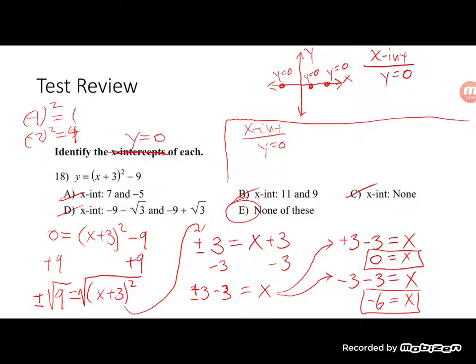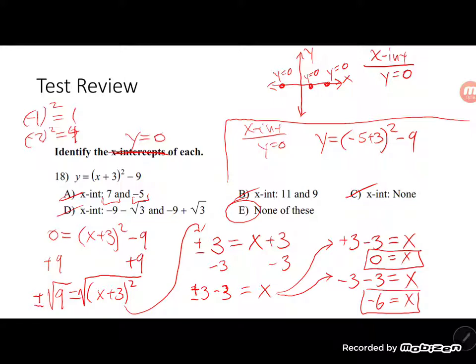So let me start off and I'll practice plugging in a. I'll pick -5 to plug in. So I have y is equal to (-5 + 3) squared minus 9.